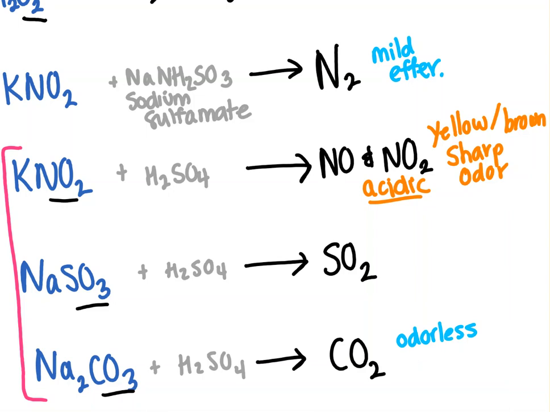What is interesting about it is that it does form an acidic solution. And then this SO2, its smell is pretty well known. It's like burning sulfur. It can smell like matches is one way to describe it. It is also acidic.